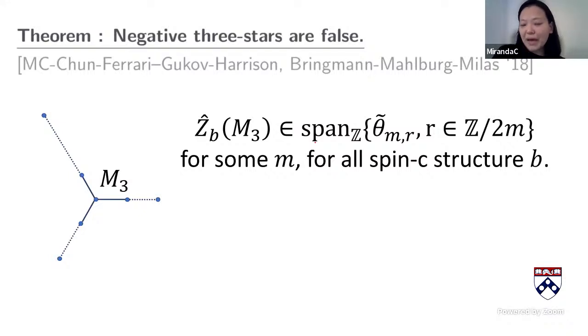Okay, so now back to the first claim in our 2018 paper, that Z-hat invariants should be related to some kind of quantum modular form.